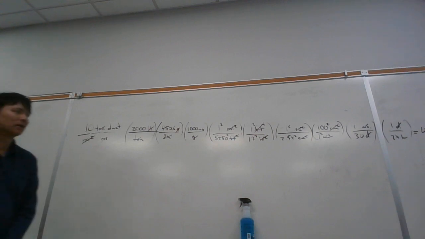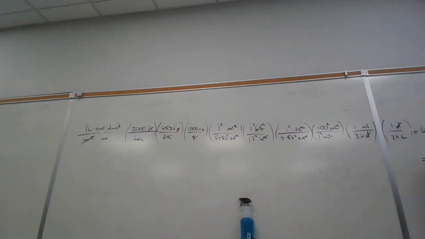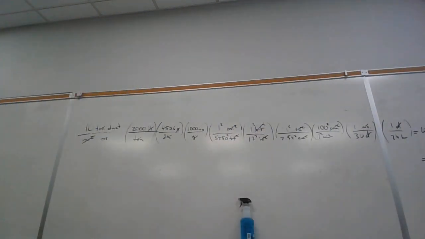It's really too hard to be that precise. So our answer, we're just going to go with 1 sig fig. With 1 sig fig, it's going to be 5 milligrams per meter squared per hour. Okay, what did the book get? The book got 5 milligrams per meter squared per hour.